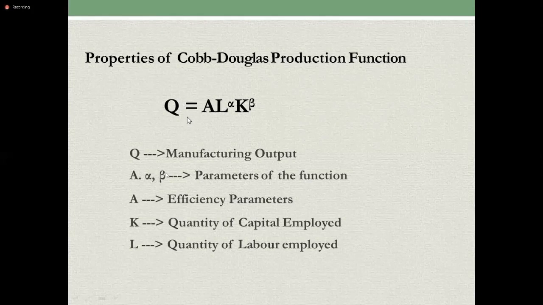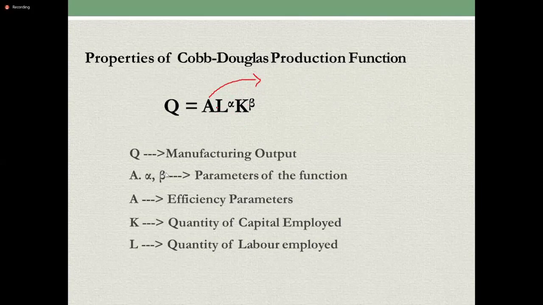Q means the output, manufacturing output, as I mentioned earlier. A represents the inputs other than labor and capital.